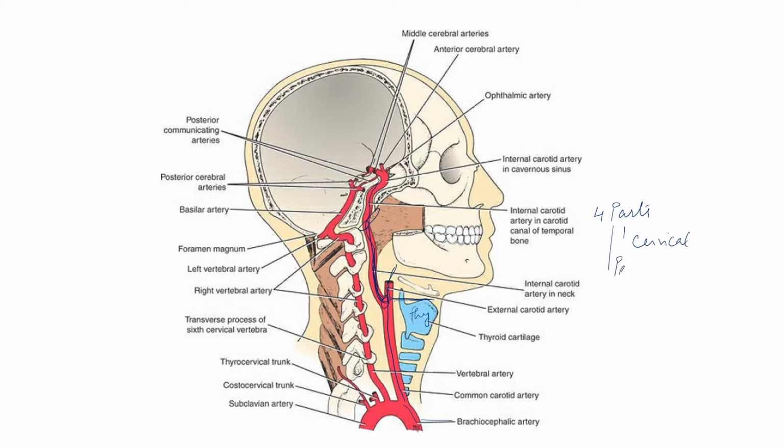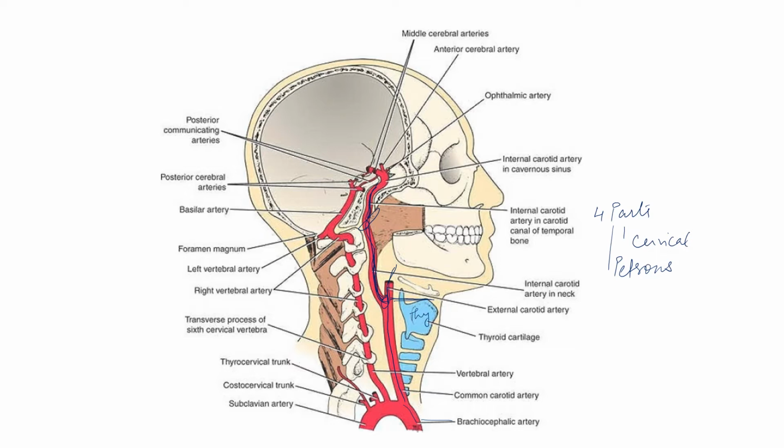Next we have the petrous part. This internal carotid artery enters the carotid canal and travels in the carotid canal. The part of the internal carotid artery that is lying inside the carotid canal is known as the petrous part.